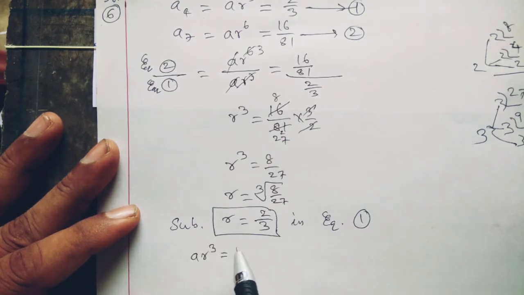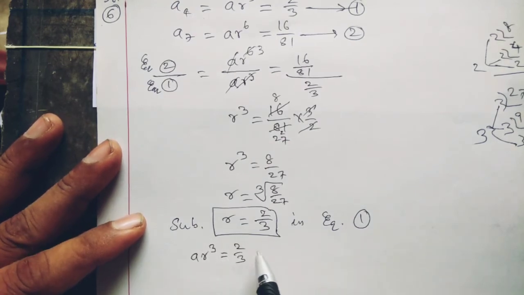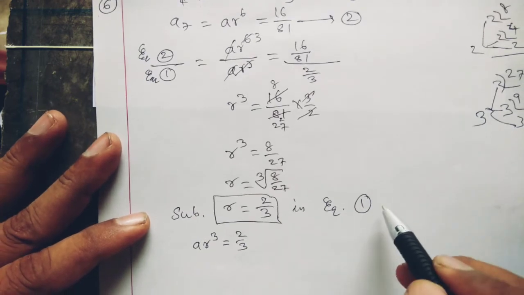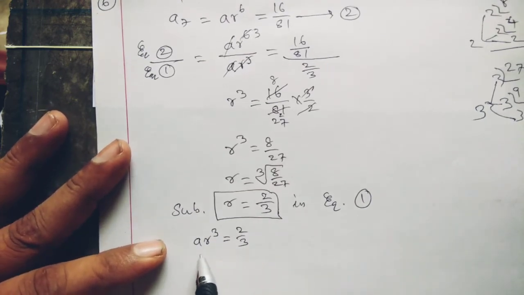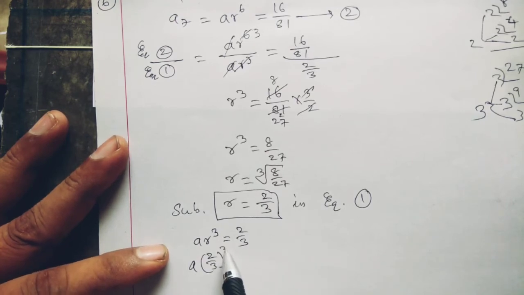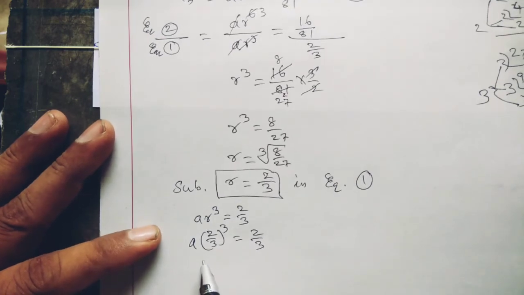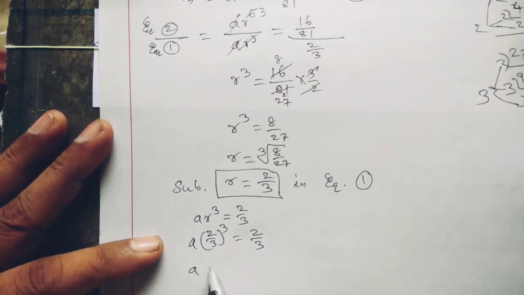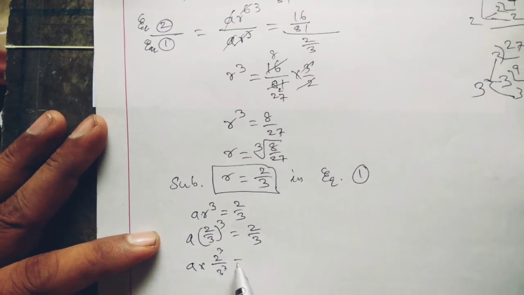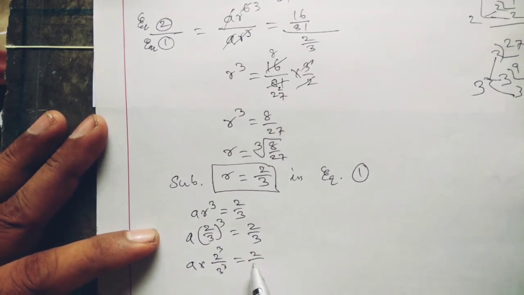In this we have to substitute the R value, 2 by 3 whole cube, A into 2 cube by 3 cube is equal to 2 by 3.